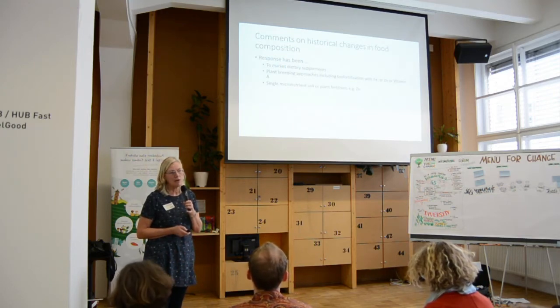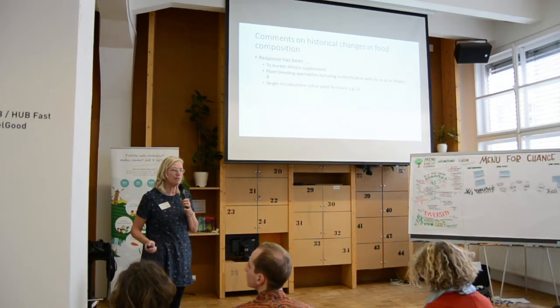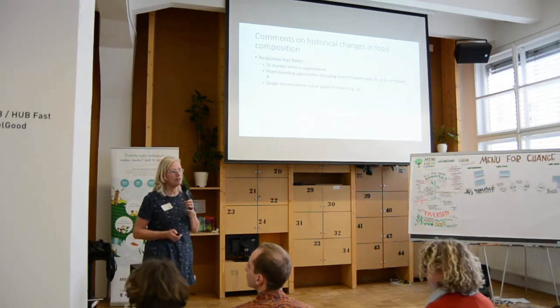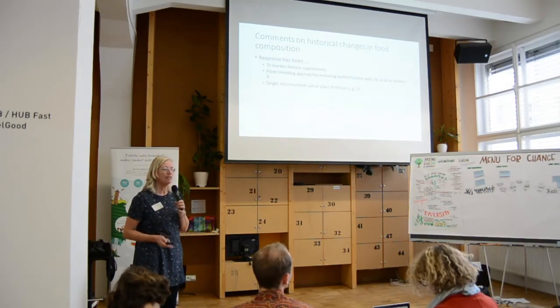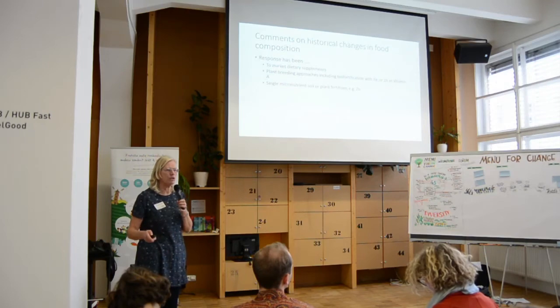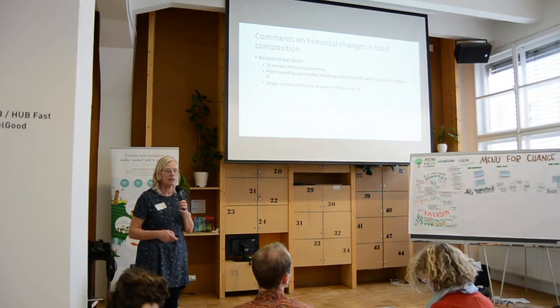So there's a whole other debate to be had about that, but my general feeling is that we want to look more holistically, and remembering that so many different nutrients are needed for so many different functions, it makes no sense to my way of thinking to just go for one at a time.